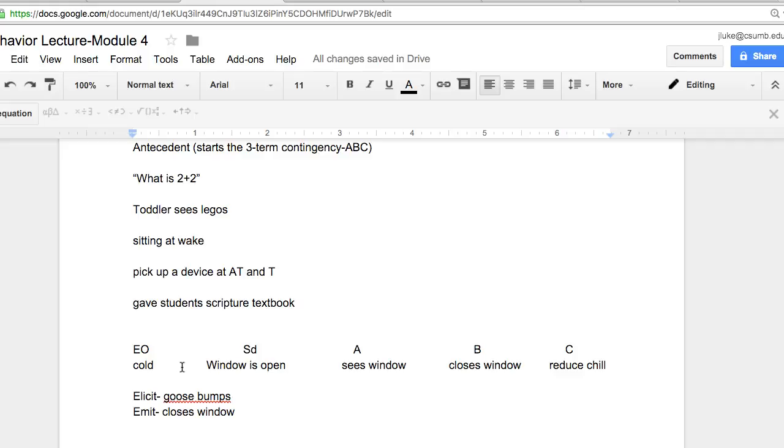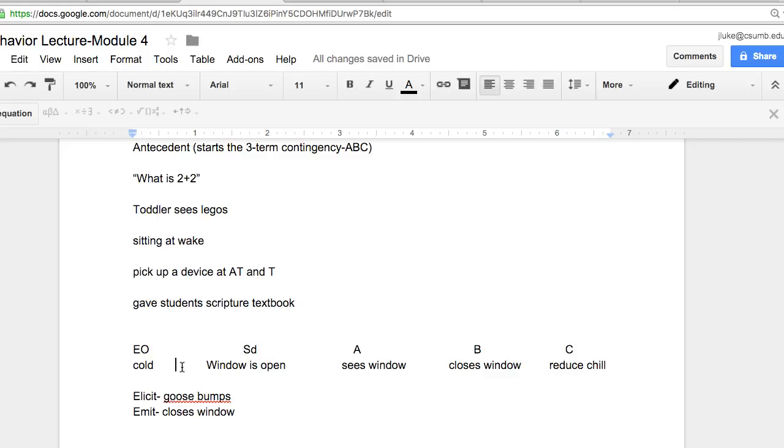The behavior, they close the window, and the consequence of that is it reduces the chill. In that example right there, something that could be elicited would be goosebumps. And something that would be emitted is that someone closed the window. Remember, elicit is more often associated with an involuntary reflex, where emit is a choice behavior.